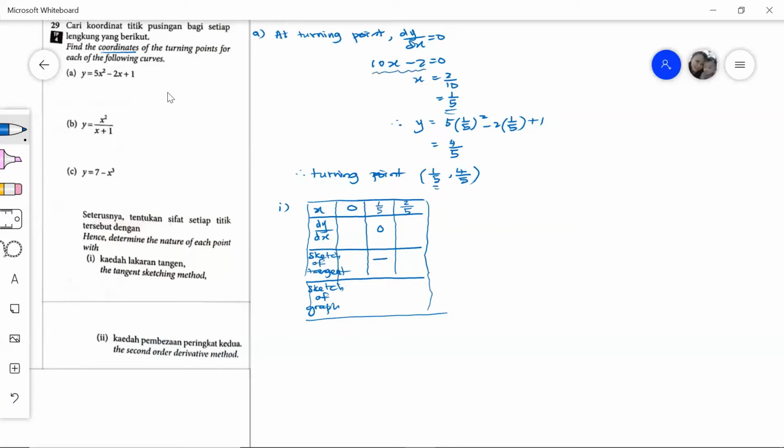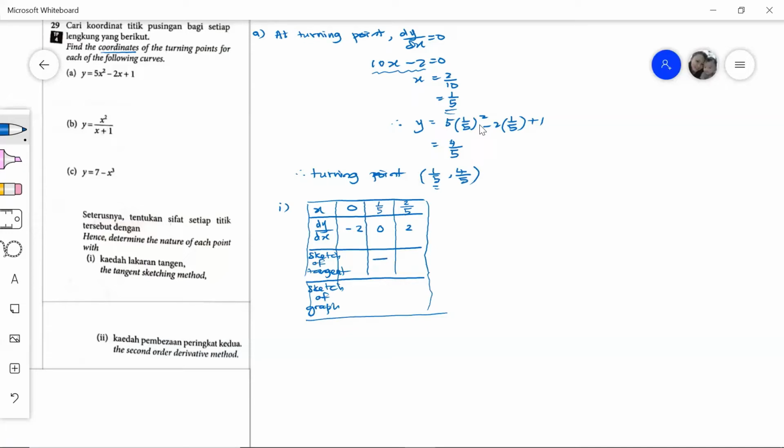With 10x minus 2, when I substitute 0, I get negative 2. When I substitute 2 over 5, we have 4 minus 2, so we have a positive gradient.